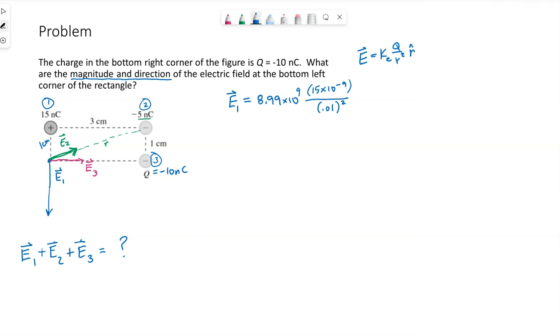So this is the magnitude, r hat is the direction. We know that E1 points straight down. So I'm going to go ahead and just put the negative j hat there because we know it points only in one direction. Let me plug these numbers in.